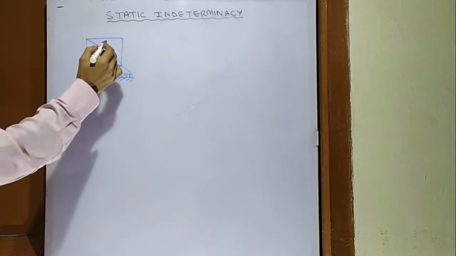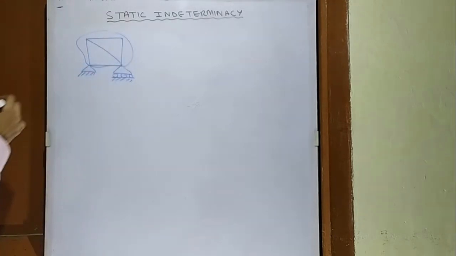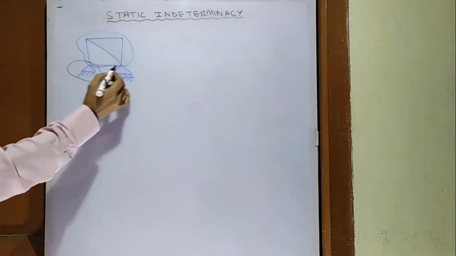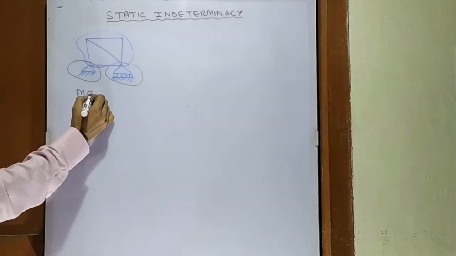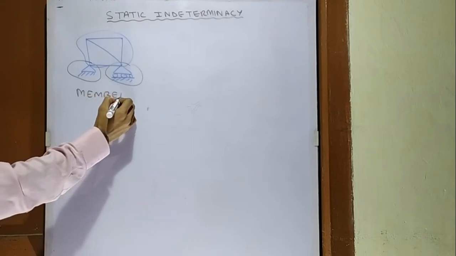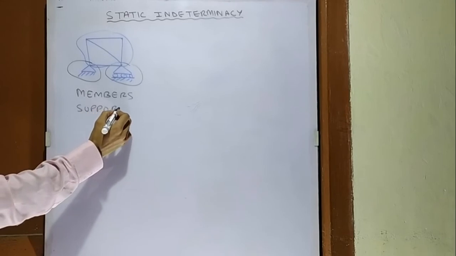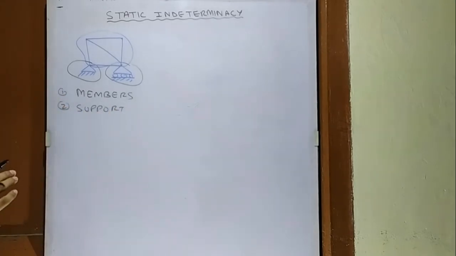Now a structure will have members like this and a structure will have supports. So a structure has members, and a structure has supports. Now likewise we have two types of static indeterminacy.